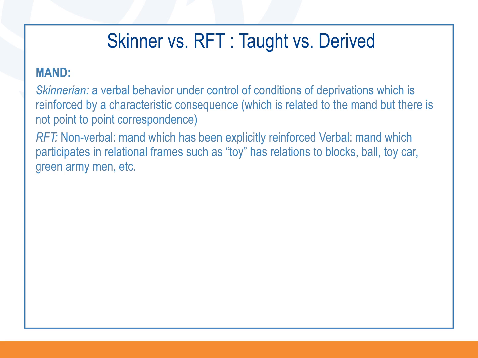RFT defines nonverbal and verbal: a nonverbal mand is one that's been explicitly reinforced, and a verbal mand is one that participates in relational frames. So there's the taught, which is the nonverbal, and the verbal, which is the part that does the deriving in relational frames. A verbal mand participates in relational frames such as toy, which could mean block, ball, toy car, green army man, etc.